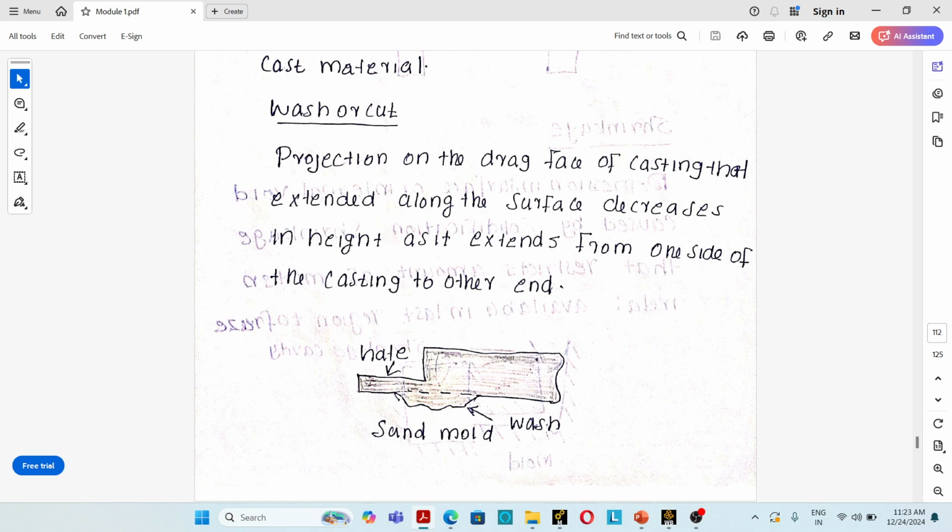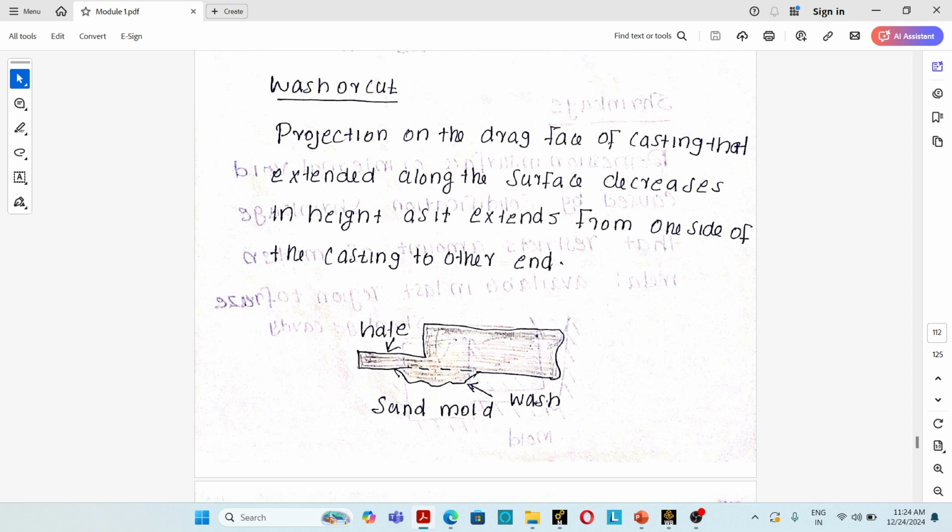The projection extends along the surface, decreasing in height as it extends from one end to the other. That is known as washout cut.